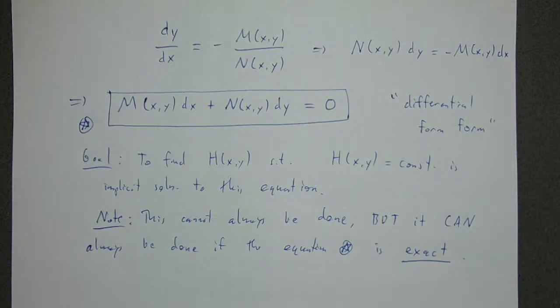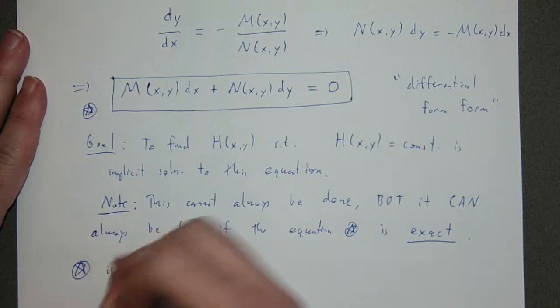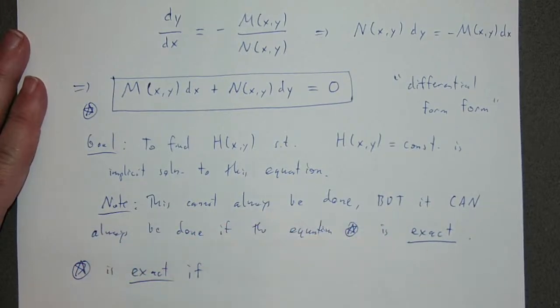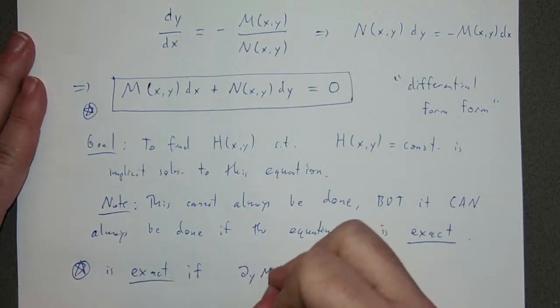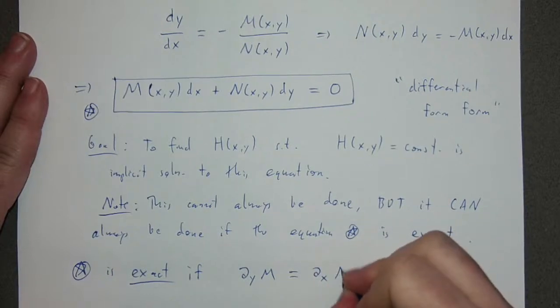Well, exactness means the following. So star is exact if and only if the y partial of M is equal to the x partial of N.